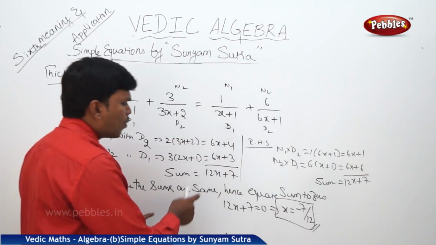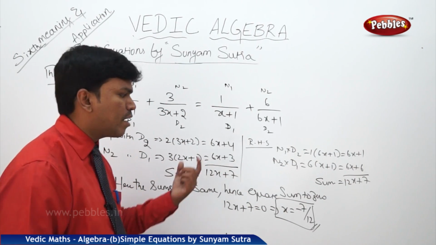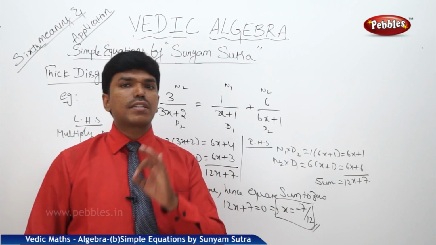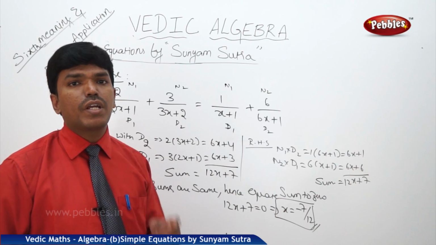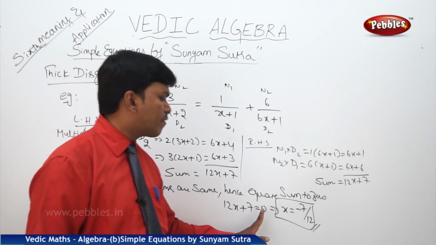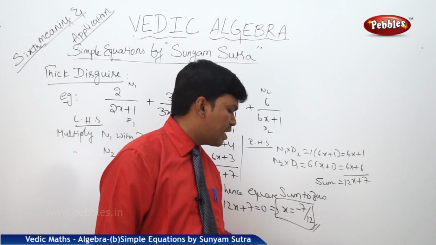If you observe, both the sums are the same on LHS as well as RHS, 12x plus 7. If the sums are the same, what do we need to do? Equate that sum to 0. So equating 12x plus 7 equal to 0, we get the solution of x as finally minus 7 by 12.